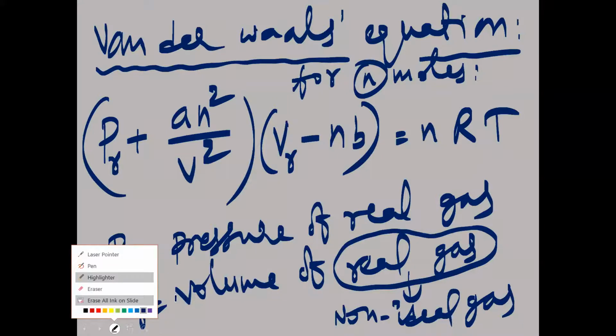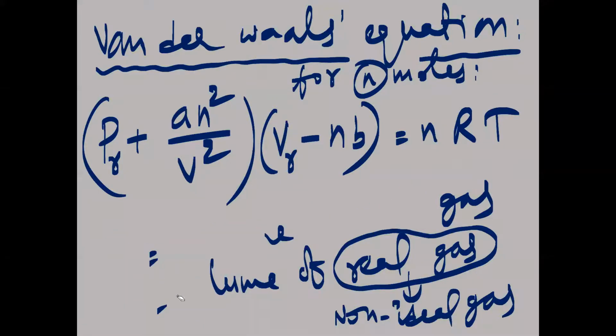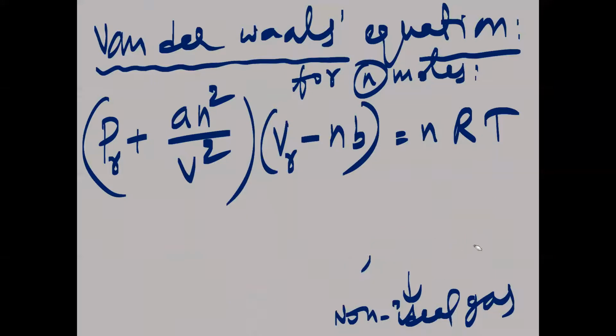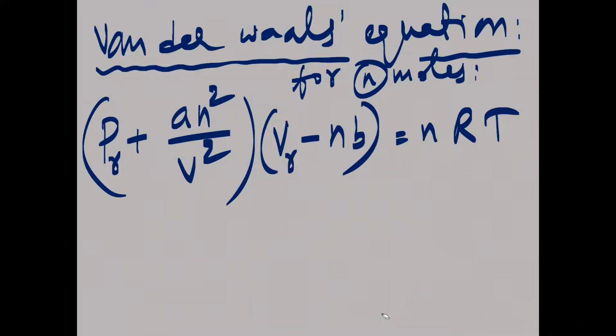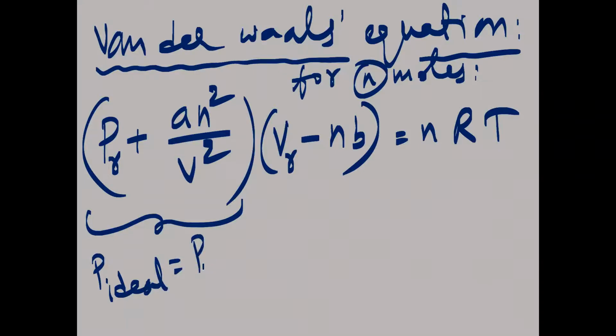Now see here. What is P ideal in this equation? This total term indicates P ideal, the pressure of the ideal gas. So P ideal is equal to the pressure of real gas plus an²/V².